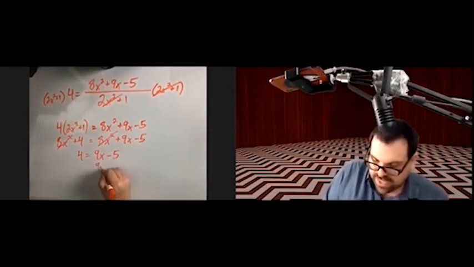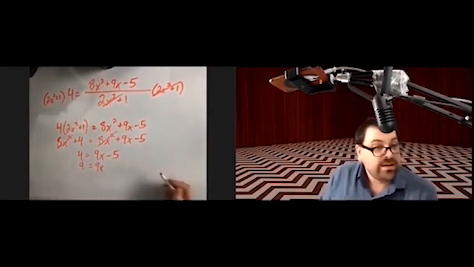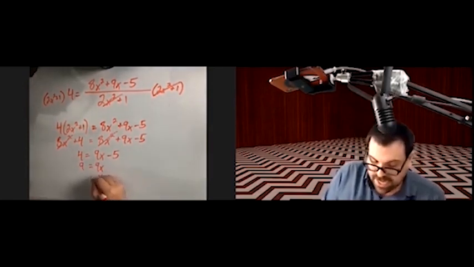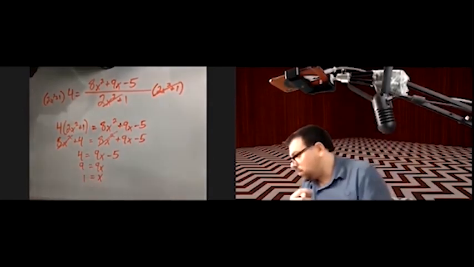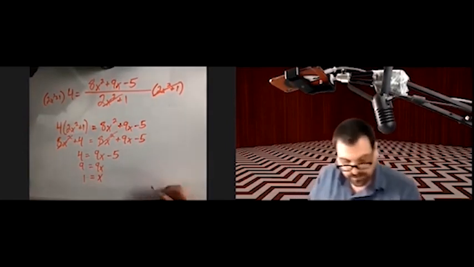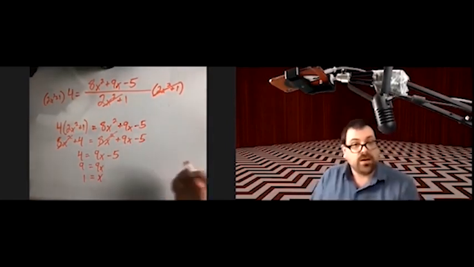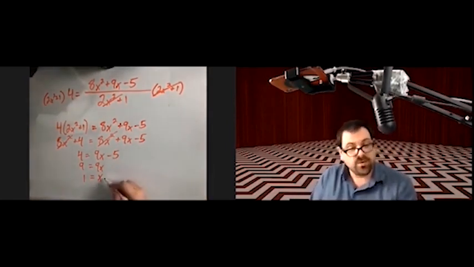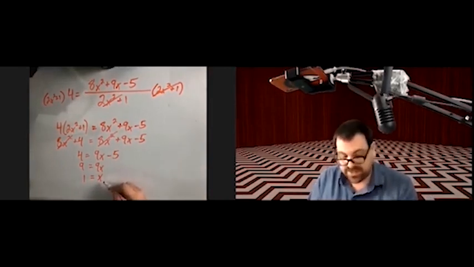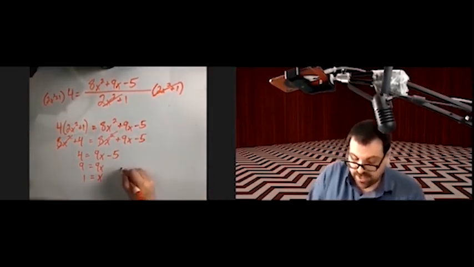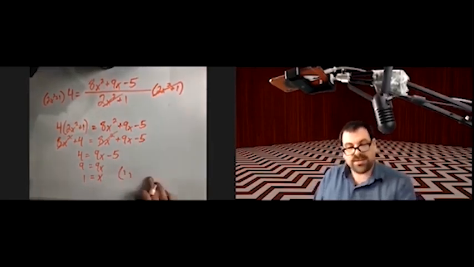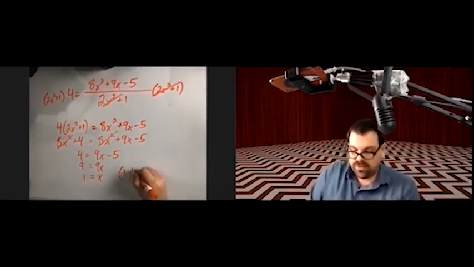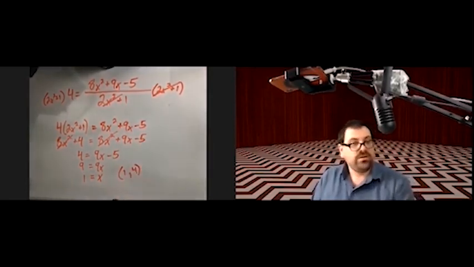Add 5 to both sides, 9x equals 9. Divide both sides by 9, we get x equals 1. So where are we going to cross the horizontal asymptote? It's going to happen when x equals 1. Specifically, the point 1, 4.